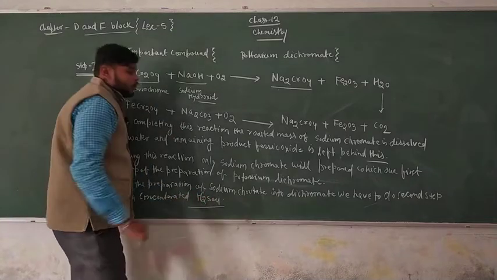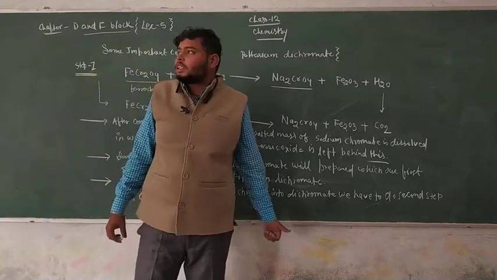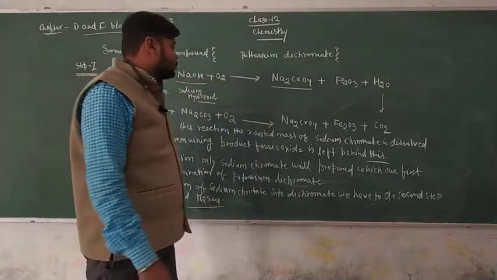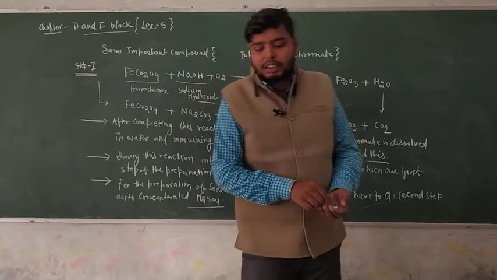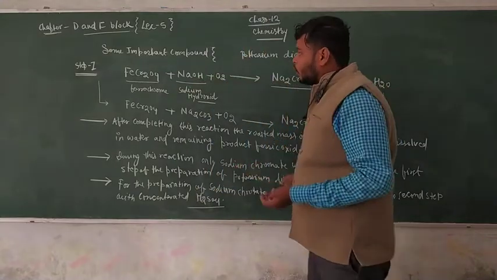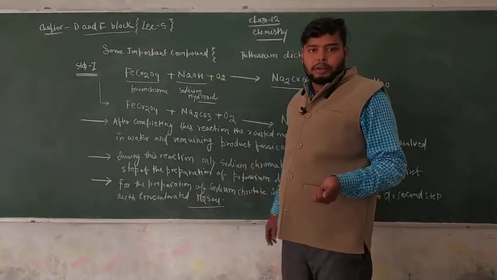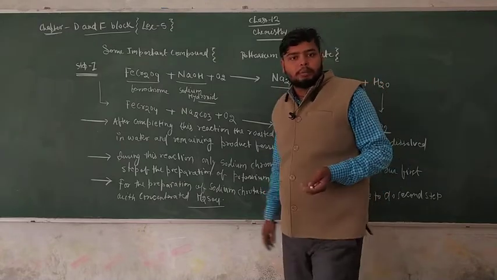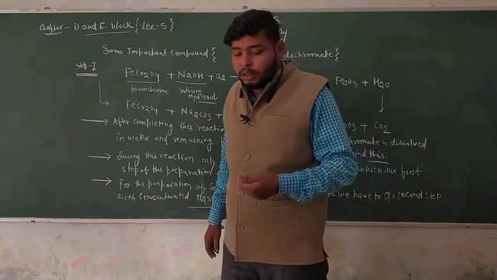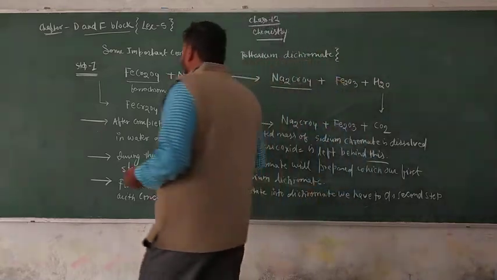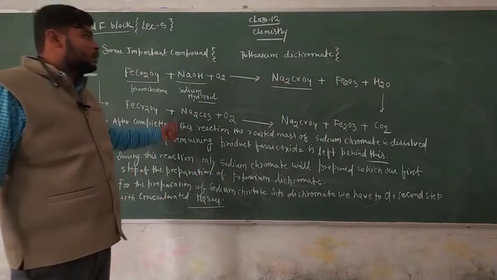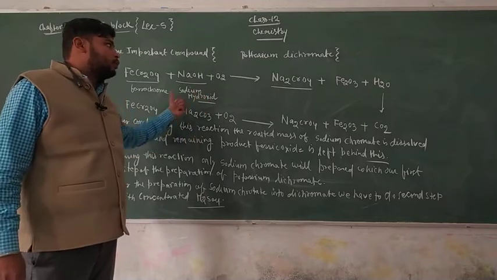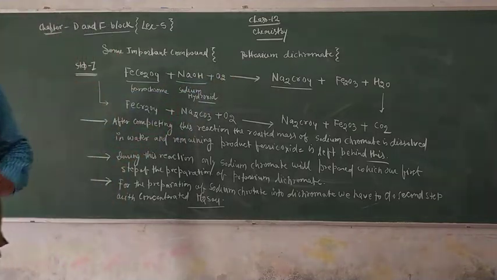That means our next step is the preparation of sodium dichromate. From sodium chromate, we prepare sodium dichromate with the help of sulfuric acid. So just take a screenshot of this. This is the second step in the preparation of potassium dichromate.